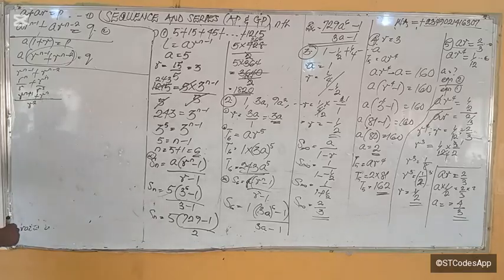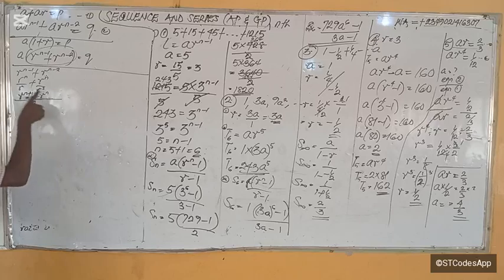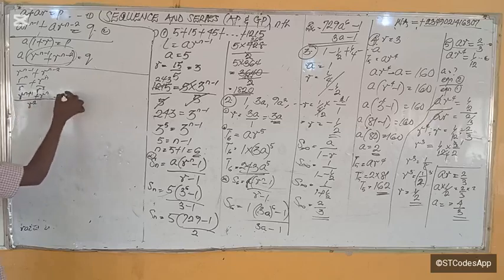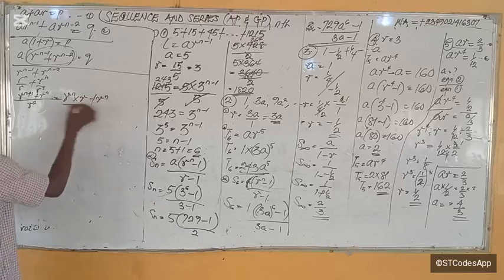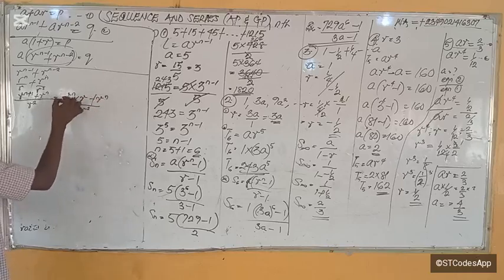Okay, so from here, do you notice something? That this thing means r^n times r plus r^n, all over r squared, right?